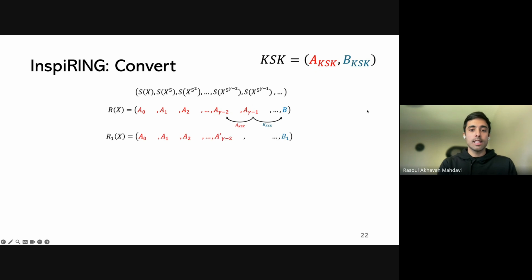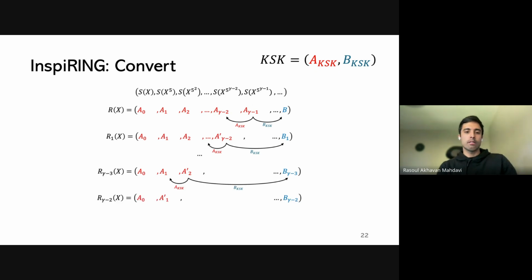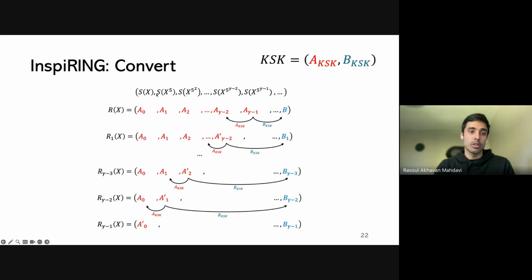And this lets you get rid of one of the A components that you had, essentially getting rid of one of the secret key terms that you relied on. You can keep on doing this because the relationship between each 2 of these terms is constant. So you can keep doing this iteratively until all of the A components that you weren't interested in have been removed, and you're only left with the one secret key component that is the original secret key up here.